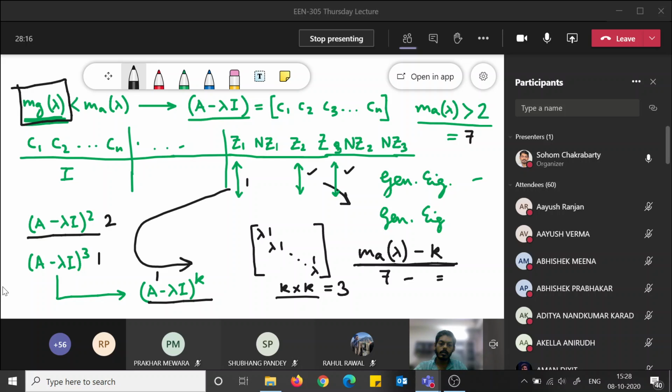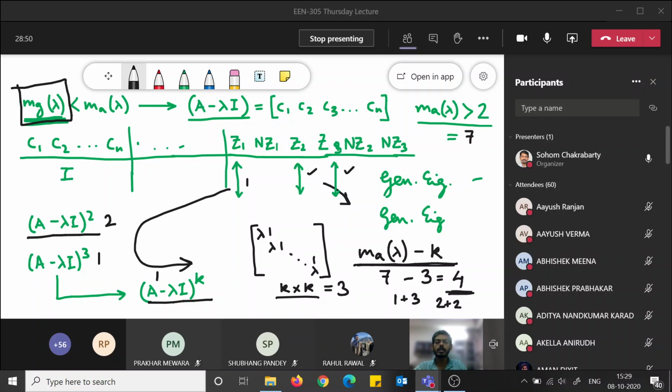Then the largest block is of size 3, the remaining number of eigenvectors to be found out is 4, and you have 2 initiating eigenvectors for that. Now what is the size of these blocks, we cannot be sure of in this situation, we absolutely cannot be sure, because it can be 1 plus 3 also, it can be 2 plus 2 also.